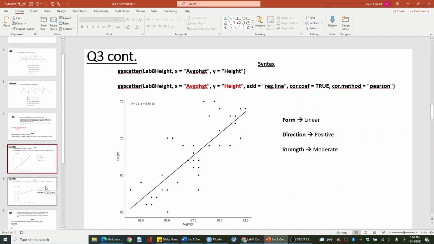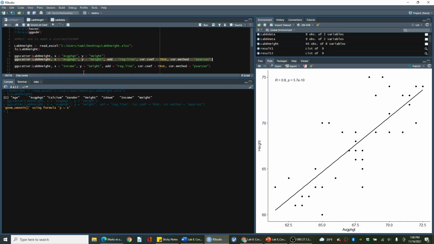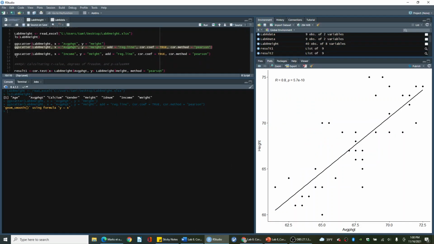Now, let's go to the next question. We're going to do the same exact thing. For this one, we're going to do income and height. It's going to be quite literally the same exact line that you typed up here.